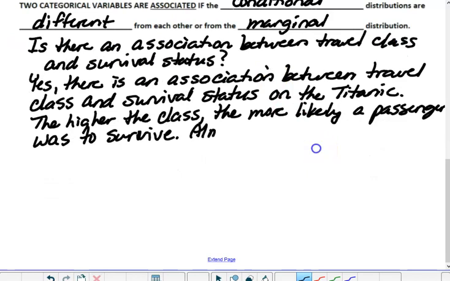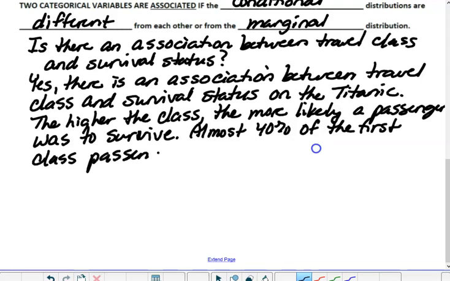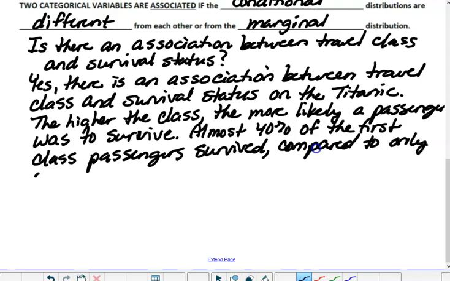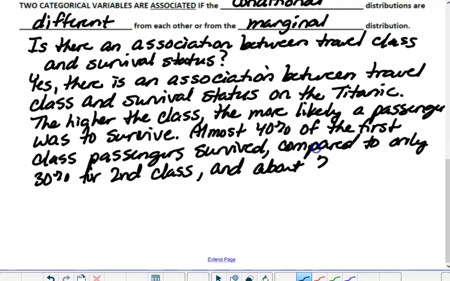So almost 40% of the first class passengers survived compared to only 30% for second class and about 20% for third class and staff.